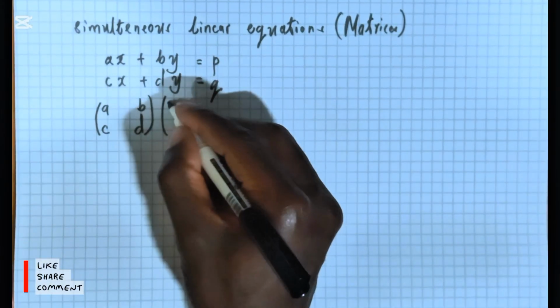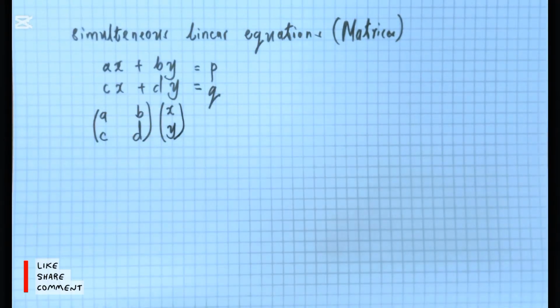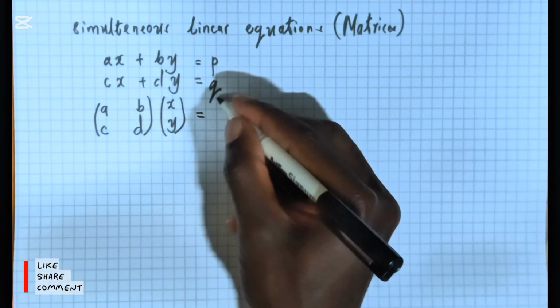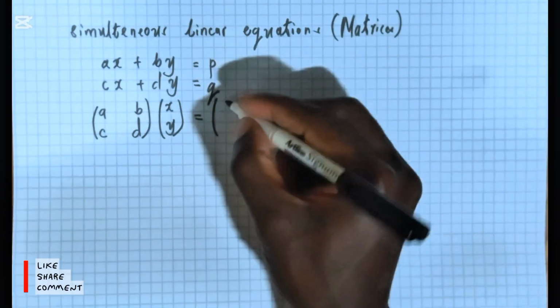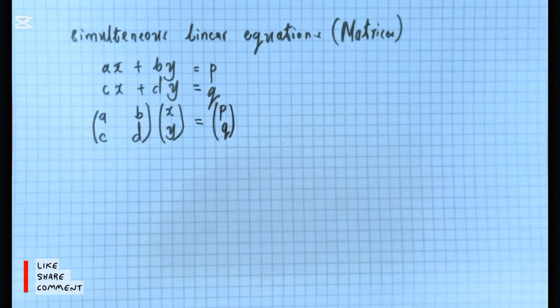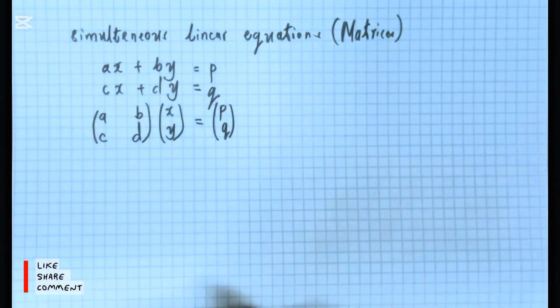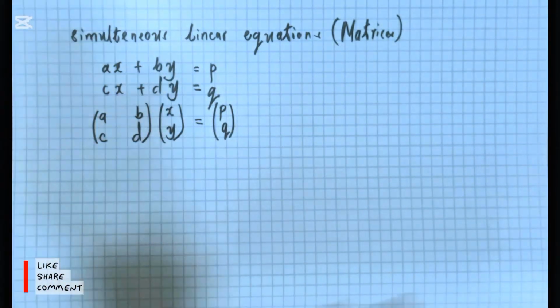So we're going to have the two unknowns, x and y, forming the variable matrix right there. And then we will have whatever is after the equal sign forming another matrix on its own, that is p and q. Now this setup here is the general setup that we always and will always use when we are solving simultaneous equations.